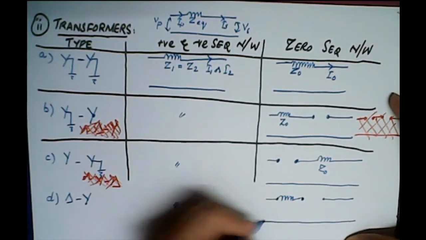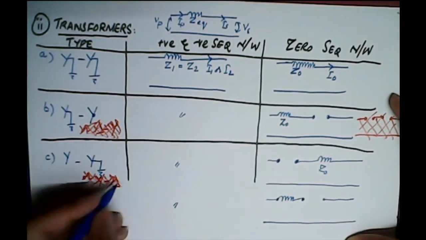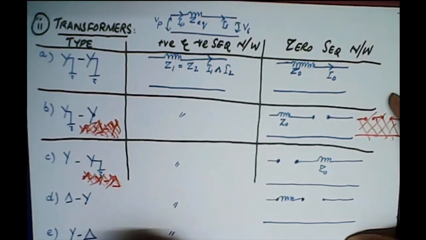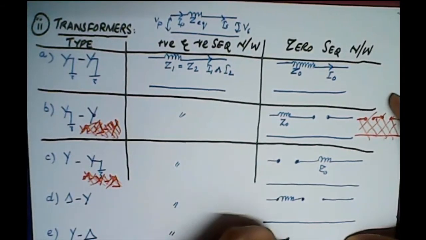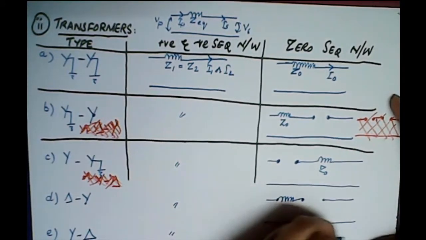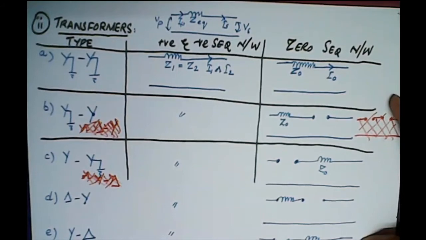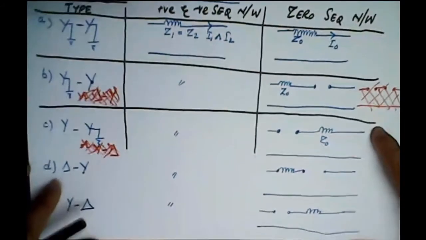I will be explaining it in a while. And E is Y ungrounded with delta. This would be open. You people might be confused here, but I will be explaining it in just a bit.